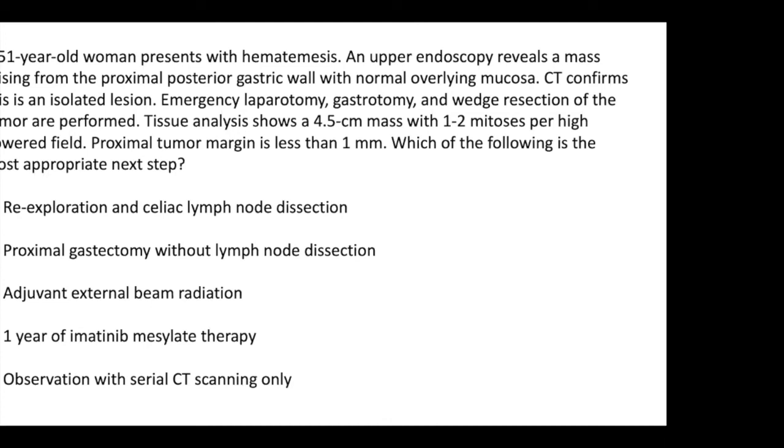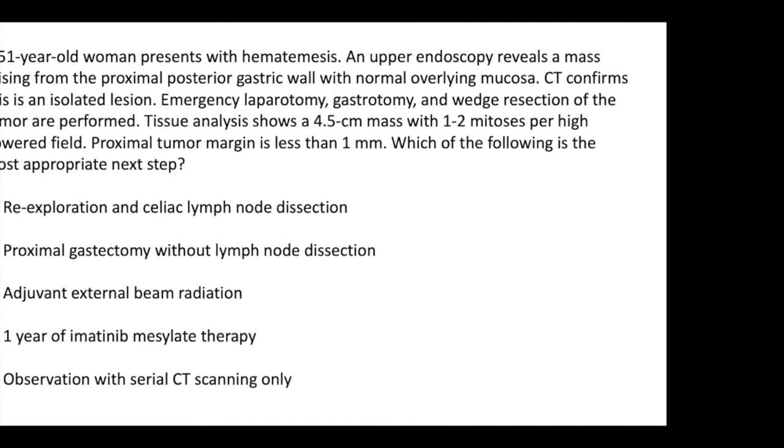All right, Graham, this one's you then. 51-year-old female with stenosis, upper endoscopy reveals some mass rising from the proximal posterior gastric wall with normal overlying mucosa. CT confirms this is an isolated lesion. Emergency laparotomy, gastrotomy and wedge resection.